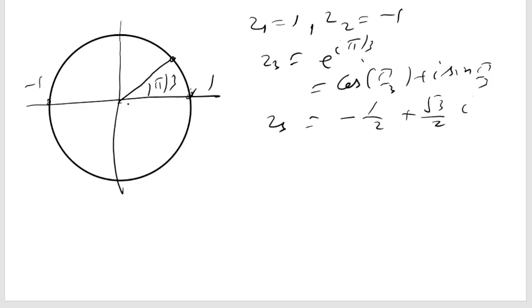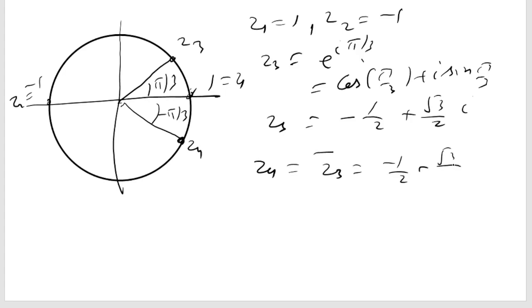Then since this root exists here, and they are a conjugate pair, the other root will be the conjugate. Let's say this is the first root, this is the second root, this is the third root, this is the fourth root, a conjugate pair. So the conjugate pair means z3 bar, that is minus half minus root 3 by 2 i. Now the next root will be here, the fifth root.